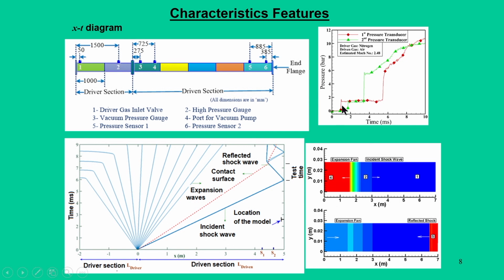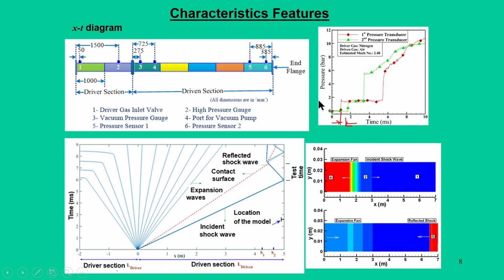If you look at the first, red color transducer location, that is location number 5, and the second transducer is location number 6. From this real time plot we can calculate how much time the gas has taken to travel from location 5 to 6, and we know the distance, and we know the time from this pressure plot.